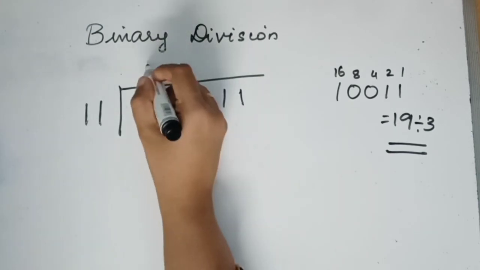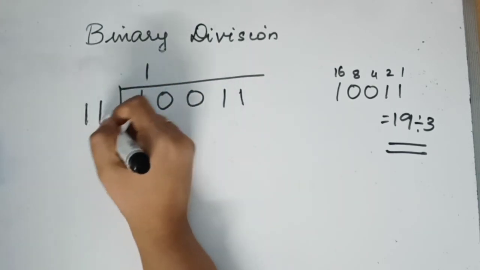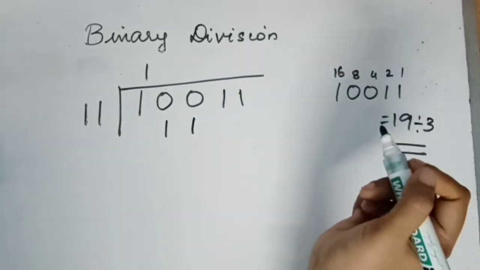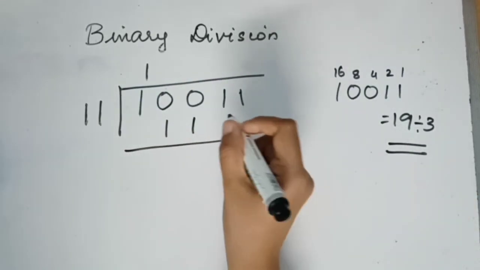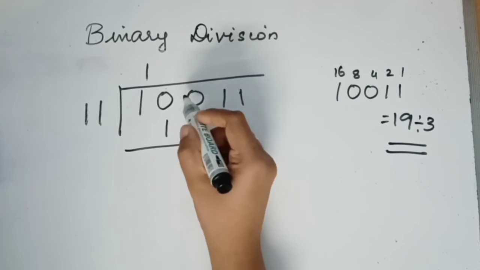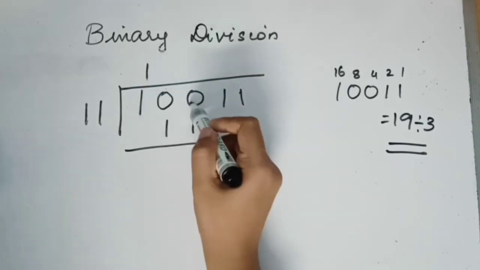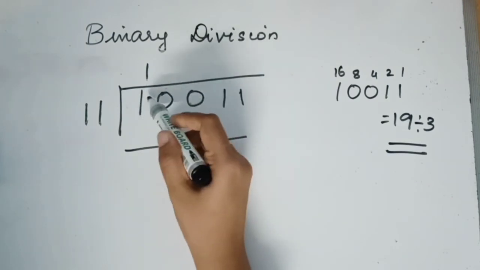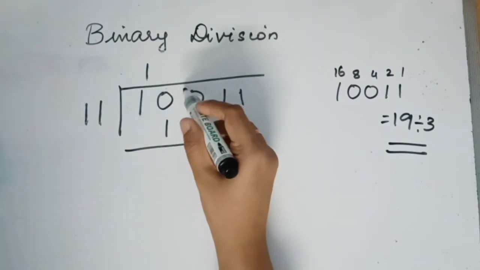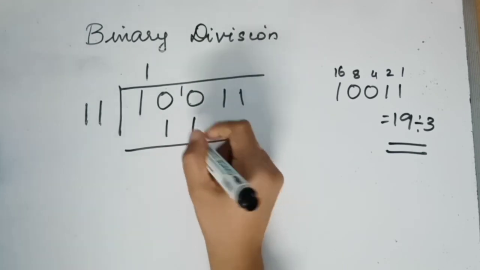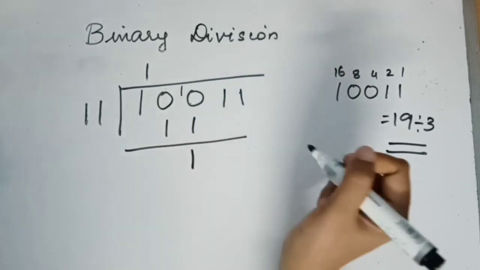So if you write 1 here, 1 times 1 1 will be like this, like in normal division. So 0 minus 1 you can't do, so you'll have to borrow 1. When you borrow 1, this becomes 0, and this becomes 1 0 minus 1, which is 1.